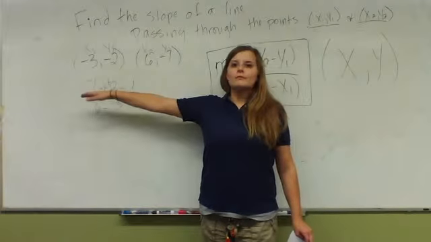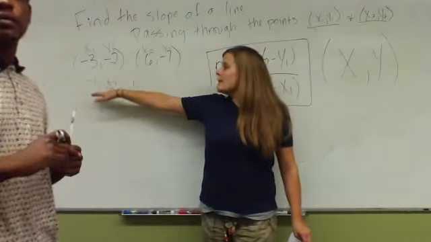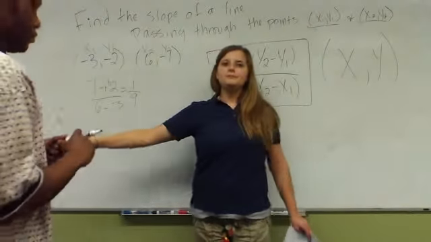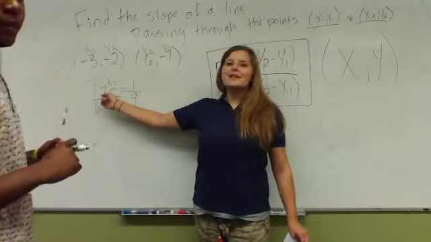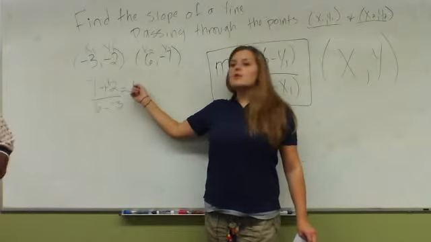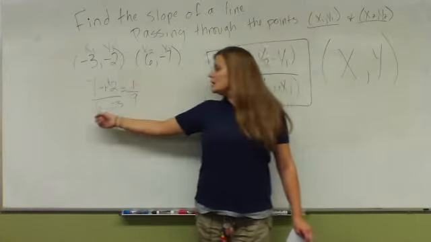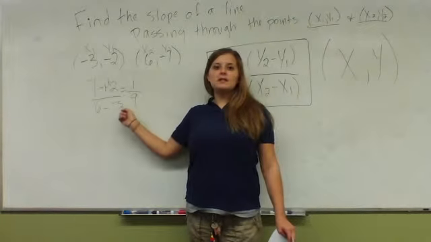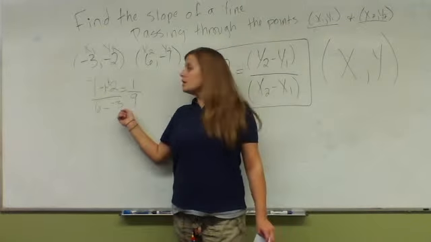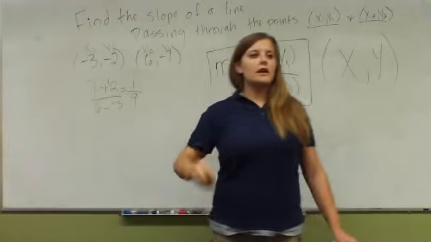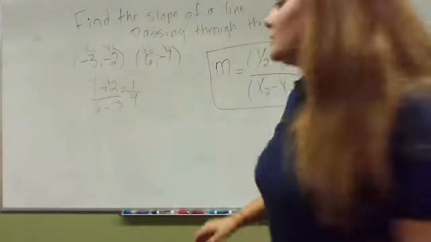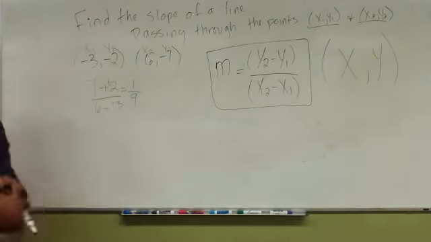We got negative 1 minus a negative 2, so he did keep, change, came up with a positive 1. 6 minus a negative 3, did the keep, change, is a positive 9. His slope is 1/9, 1 over 9. That's it. Good job. Thank you. You get that?